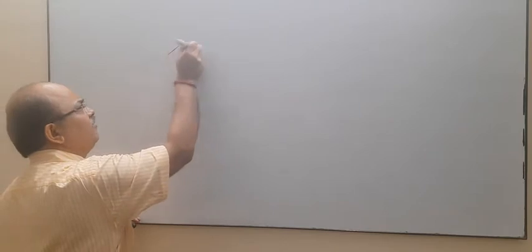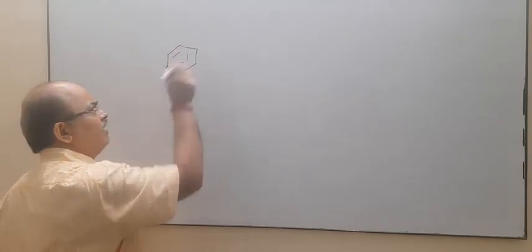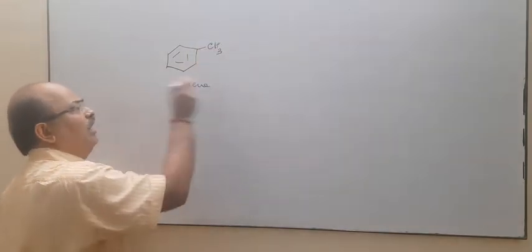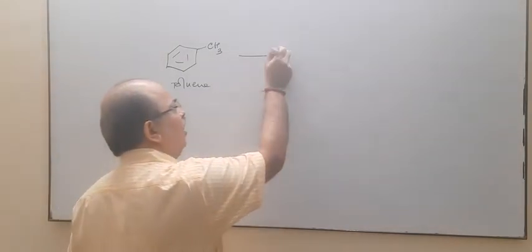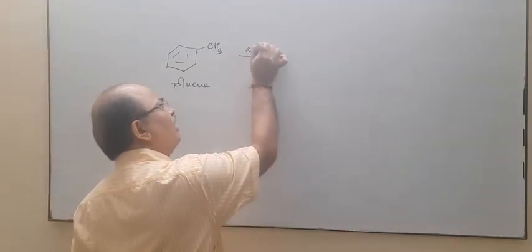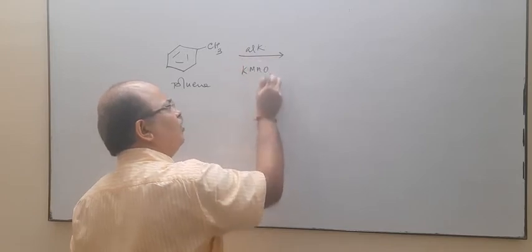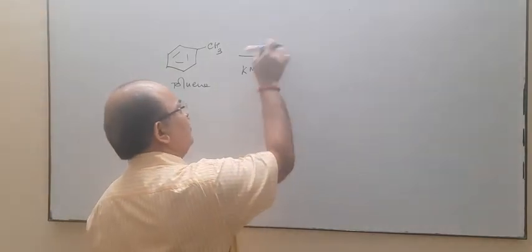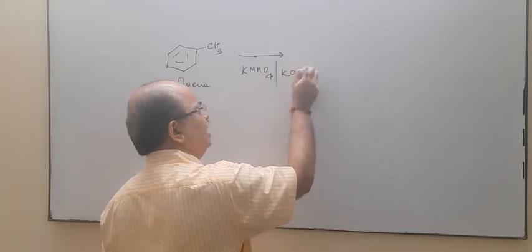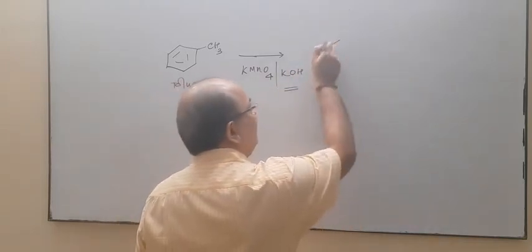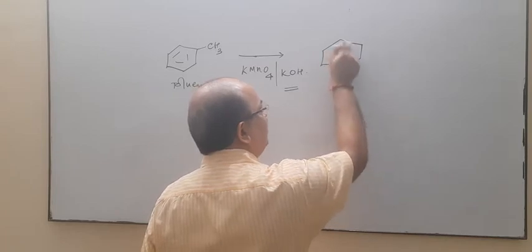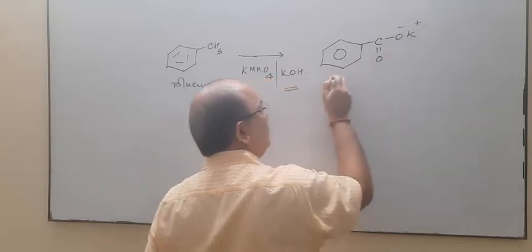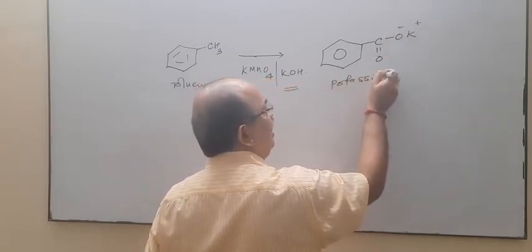For example, if we have methyl benzene, which is also known as toluene, this toluene on oxidation with alkaline KMnO4, that is, KMnO4 in the presence of alkali such as KOH, the product formed is COOK, so it is called potassium benzoate.